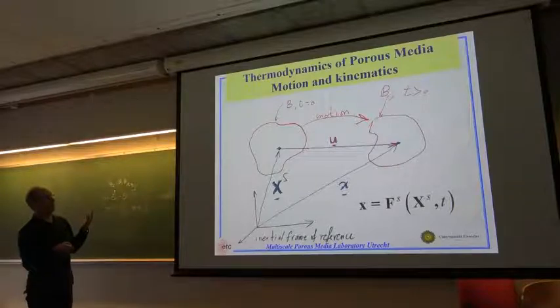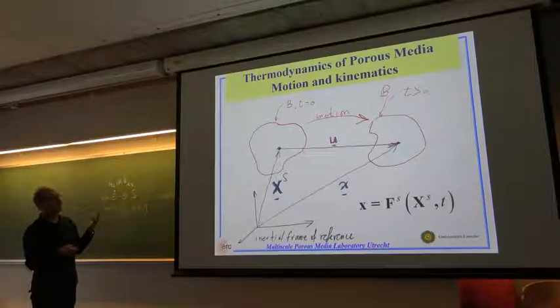Because we have a porous medium, we say the solid has a shape, it occupies space at time t equal to 0, and by motion it is taken to a new position, a new configuration at time bigger than 0, and there is a material coordinate x^s, s stands for solid. There's a spatial coordinate that is occupied at time t, and this spatial coordinate is a function of the material coordinate of the solid phase.